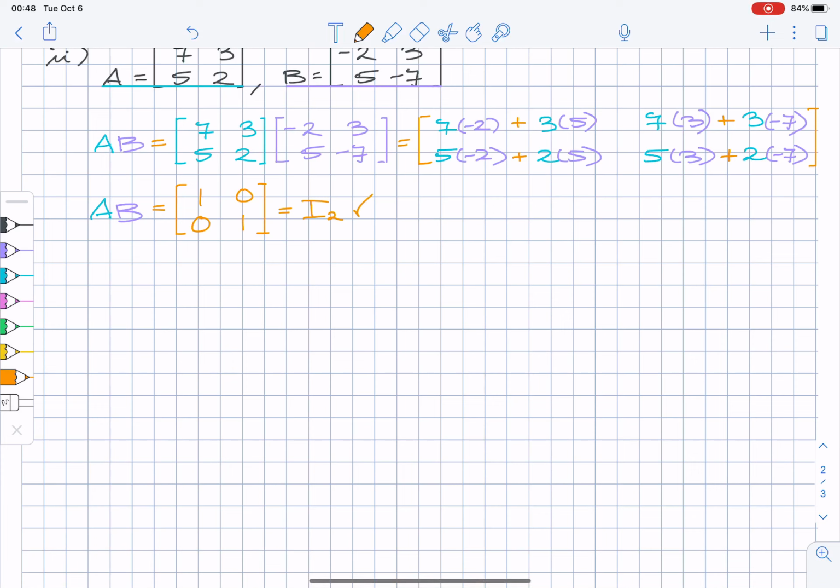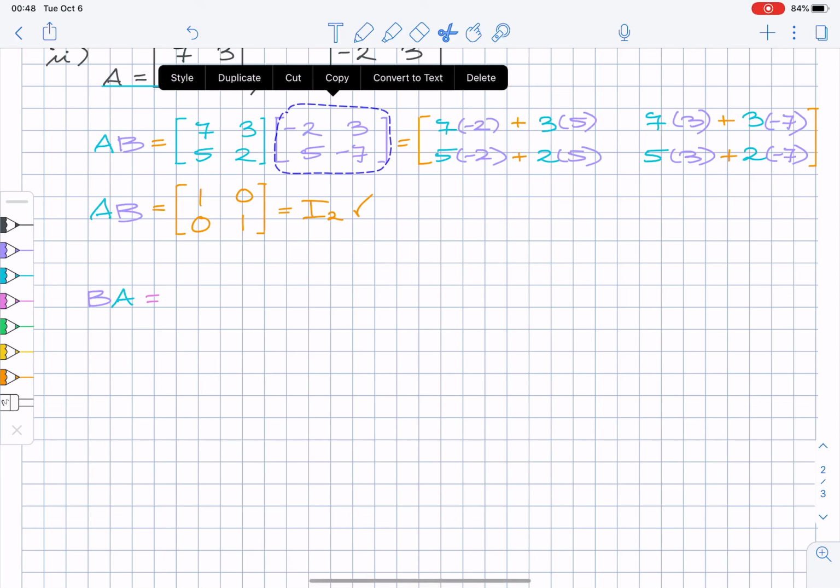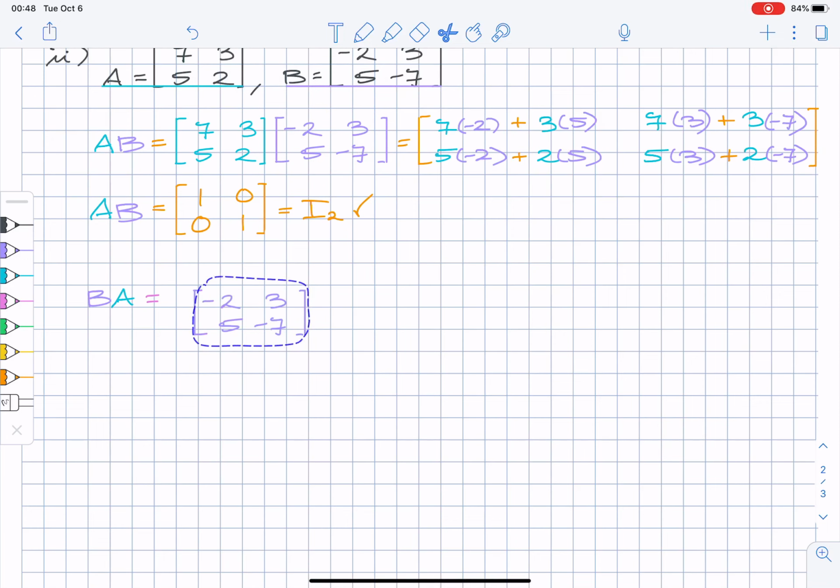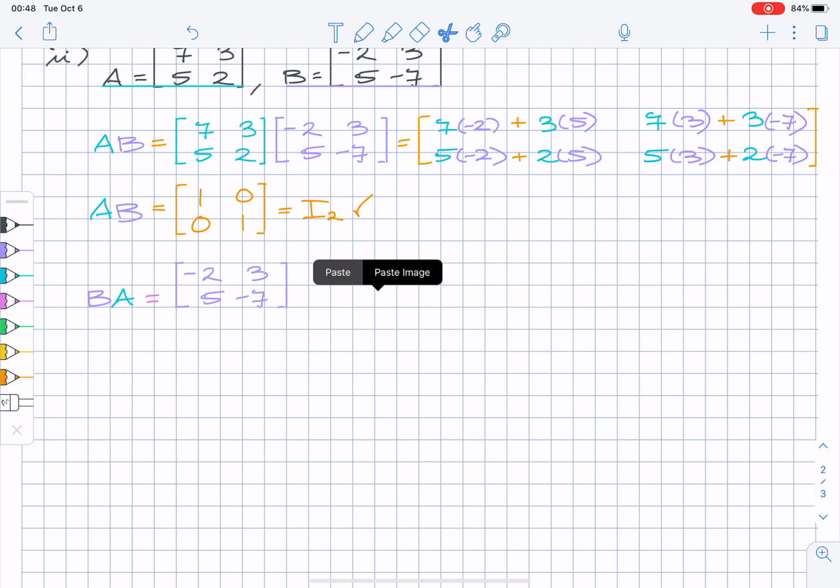But let's show it the other way. So B times A, B purple times blue. Okay, so what does that give us?